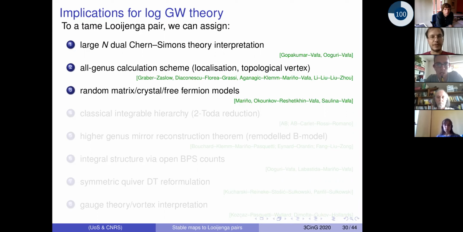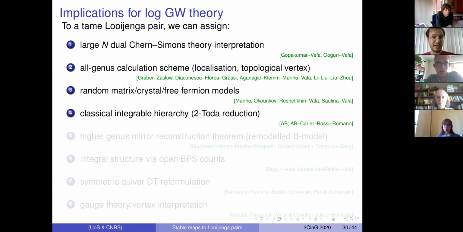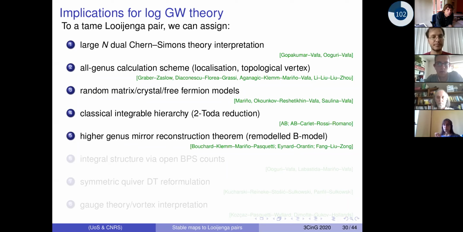The generating functions of these invariants are naturally partition functions of some statistical mechanical models, like random matrix models, melting crystals, or free fermions. And they satisfy very special integrable Hamiltonian equations that allow for an effective calculation of the invariants. In particular, they're tau functions for some special reduction of the two-dimensional Toda hierarchy in several cases.